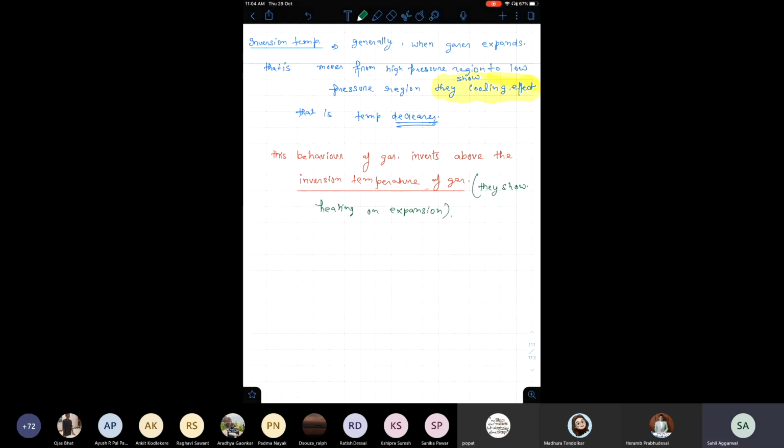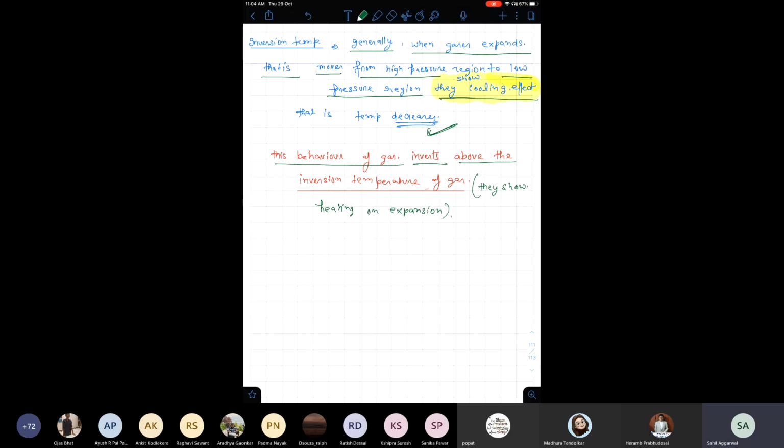ठीक है? Okay. So I'll take it from starting only. Generally, when gases expand, that is move from higher pressure region to lower pressure region, they show cooling effect. जब गैसेस एक्सपैंड करती हैं तो कूलिंग इफेक्ट आता है, टेम्परेचर डिक्रीज होता है. ओके, बिहेवियर ऑफ गैस इनवर्ट्स. ये जो कूलिंग का इफेक्ट है ये इन्वर्ट हो जाता है क्या?